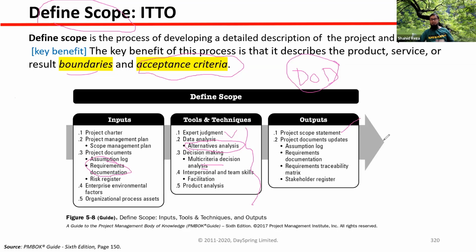It is done. Okay. So you have to ensure that done is done. This is an interesting term. Done is done. That means in DOD you have said what is done for this requirement. So you have to ensure that all those acceptance criteria are met by your project team.